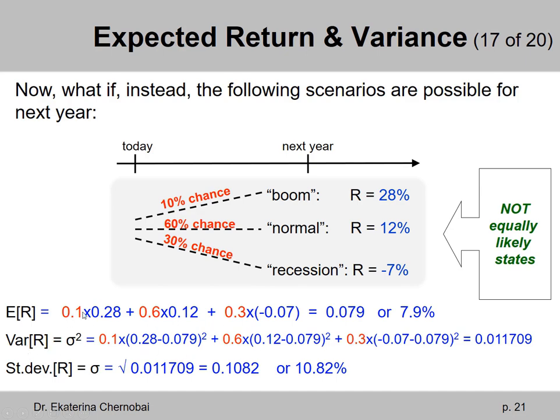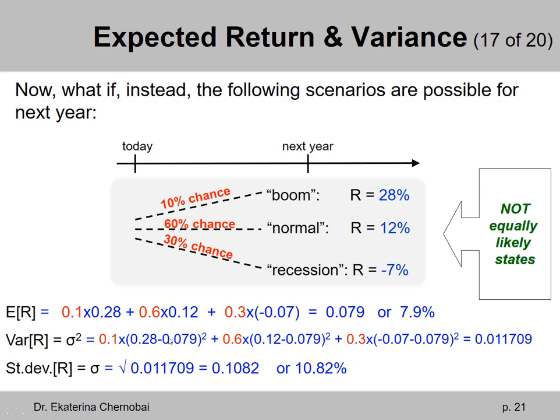Now there will be 0.1, 0.6, and 0.3. And that, of course, will affect the results that you will be getting. Now, the expected return will be 7.9%. And the standard deviation will be 10.82%.